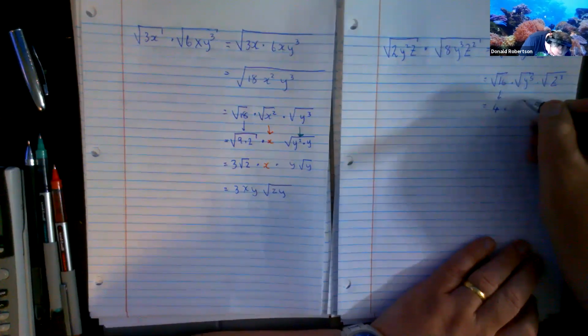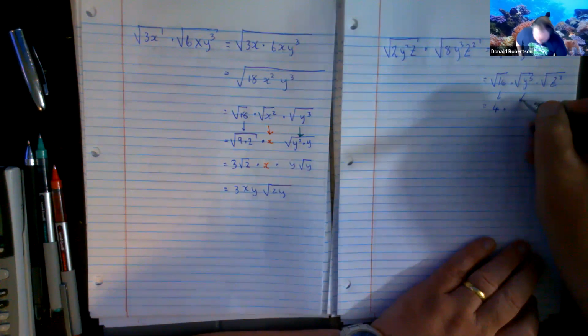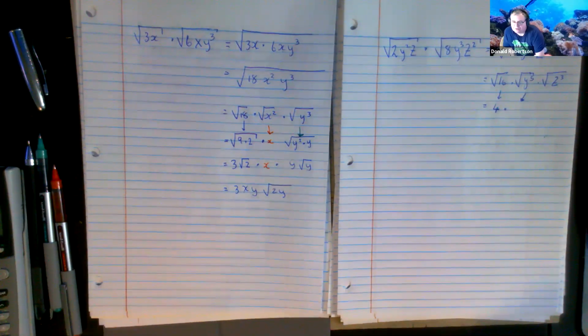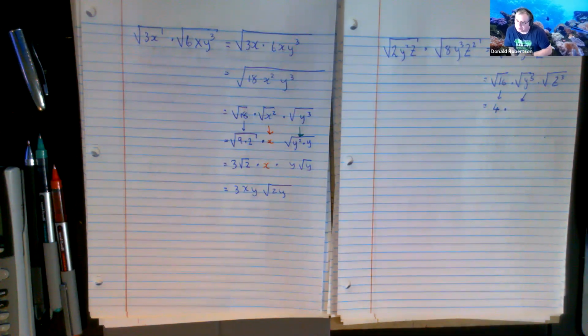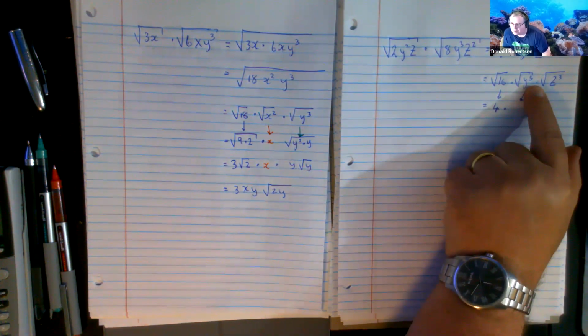Okay. If you simplify the square root of y to the 5, you actually get 2 bits. Don't you get a power of y and then a bit left over, a square root of y left over? You can think of halving the power. If you halve y to the 5, don't you get 2 and a bit left over?